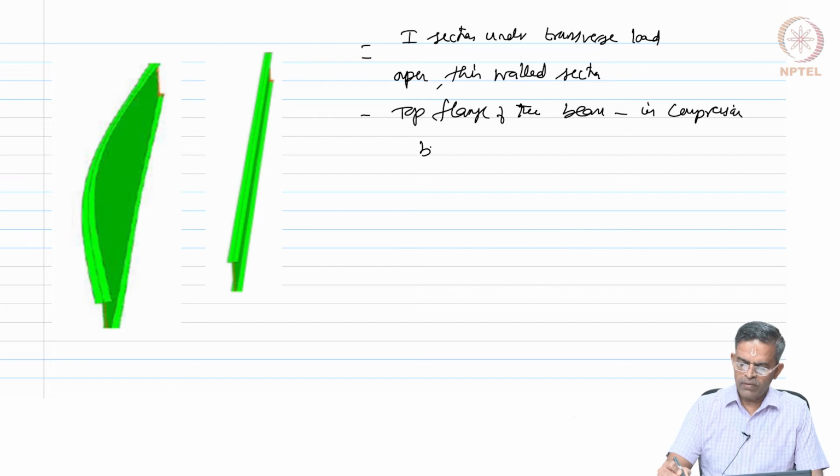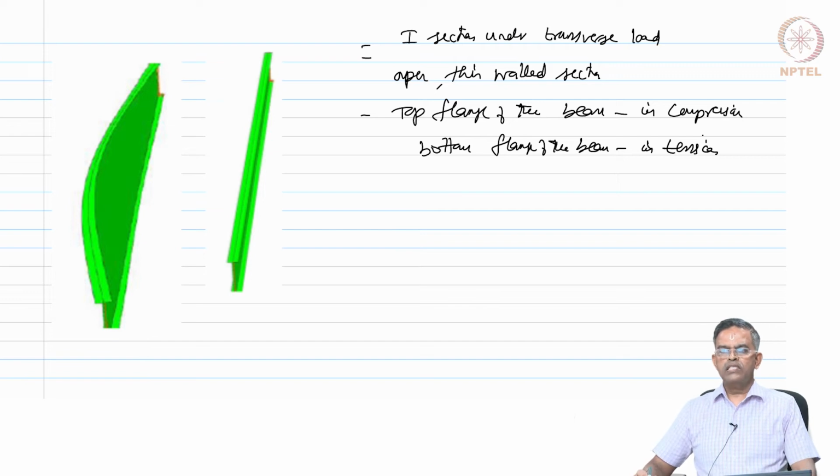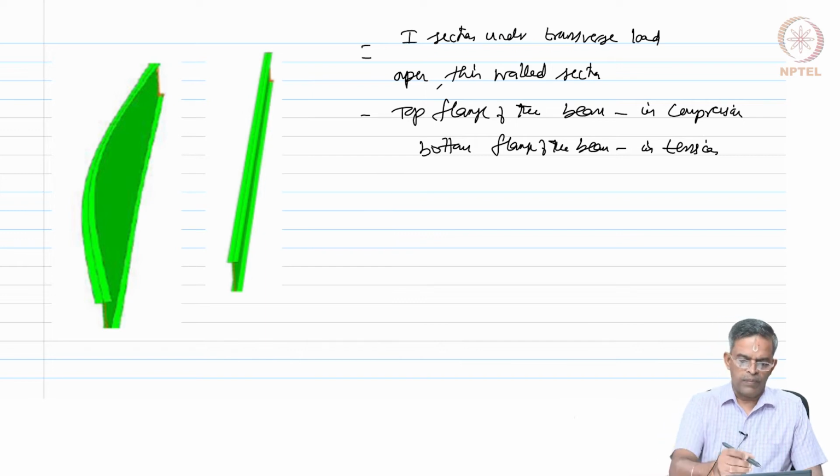The bottom flange of the beam is in tension. Under the gradual increase of transverse magnitude of the load, the compression flange acts as a column.